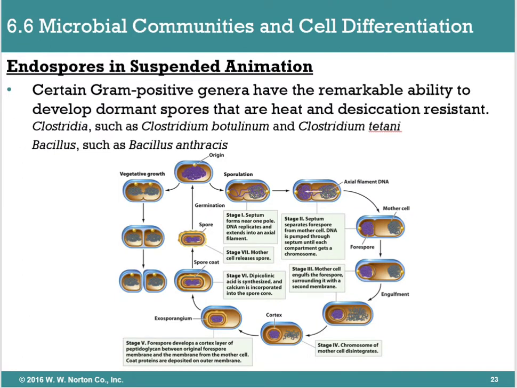So there's another thing called endospores, in suspended animation. These are dormant, kind of hibernating. There are certain bacteria that have the ability to hibernate whenever they are in extreme heat, or in a not so desirable environment.